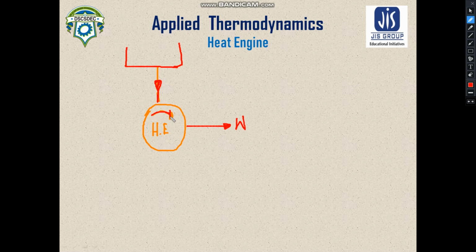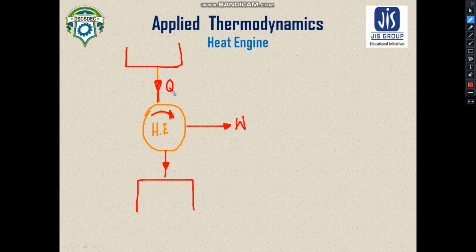So how does a heat engine work? It takes heat from a high temperature reservoir and it gives some work output, and the rest of the heat is again rejected to a low temperature sink. Okay, so I think we have understood.